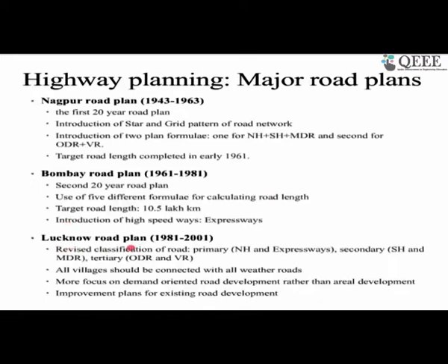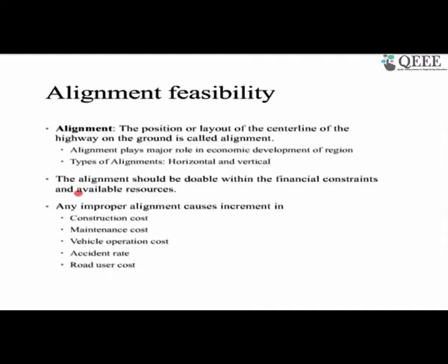Then came the Lucknow Road Plan, from 1981 to 2001, followed by the Vision 2021 plan. Based on each of these 20-year plans, they set a target of where we want to go, what road density we want to create, and based on that the road projects.